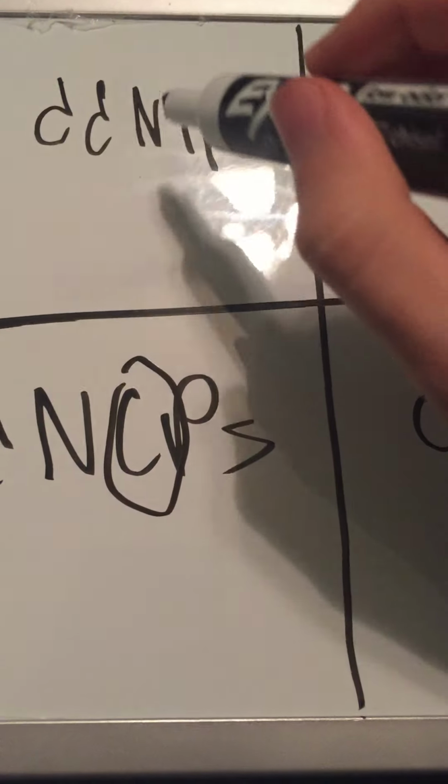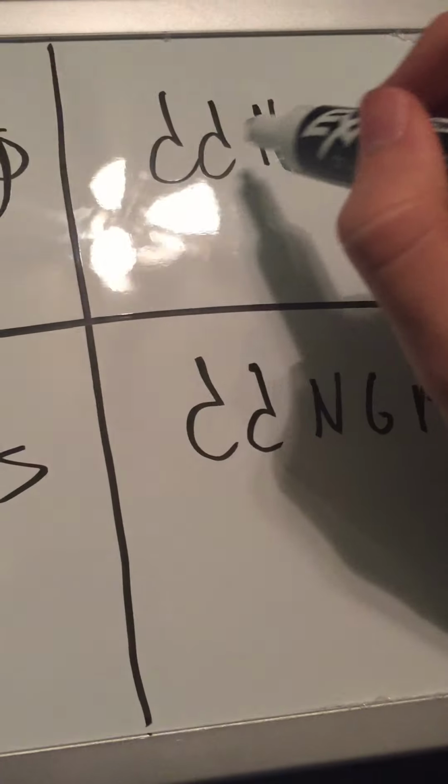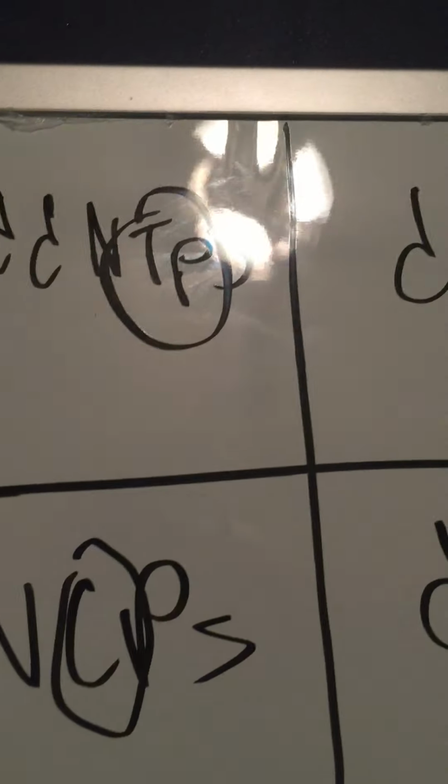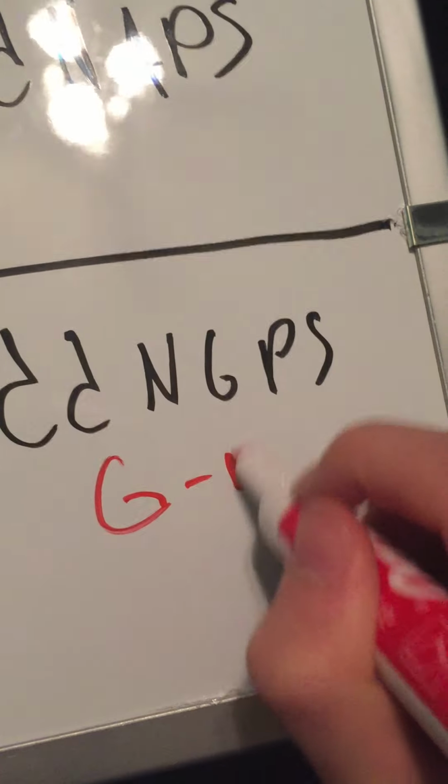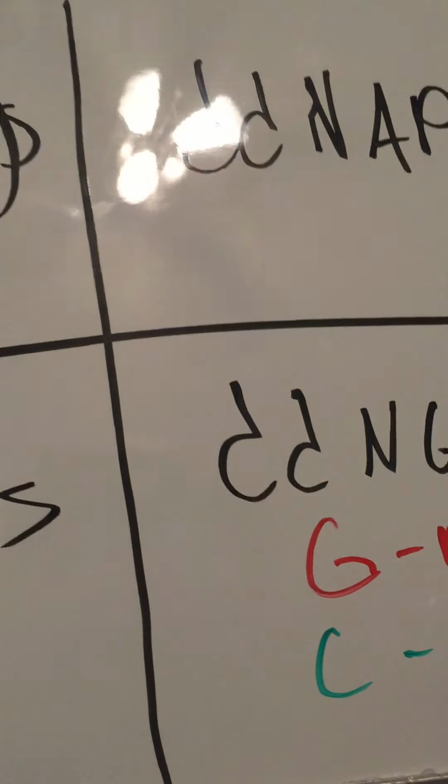ddCTPs. What those stand for, if you see, is that the A, T, C, and G are the only thing that change. Basically, that stands for thymine, adenine, cytosine, and guanine. Basically, what this will do is make it to where you can have, like, we'll do G is red, and C is green.